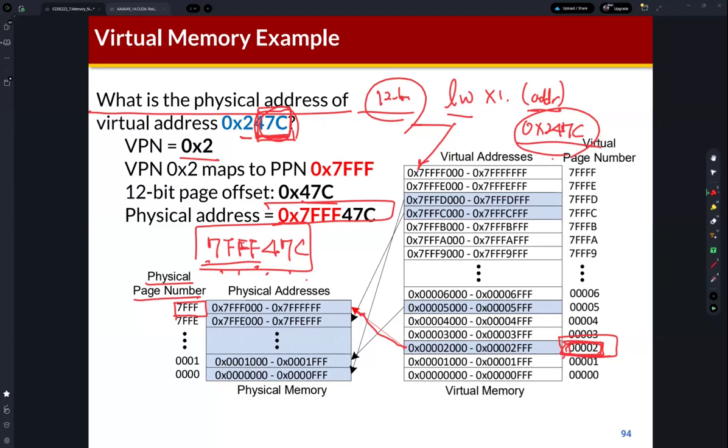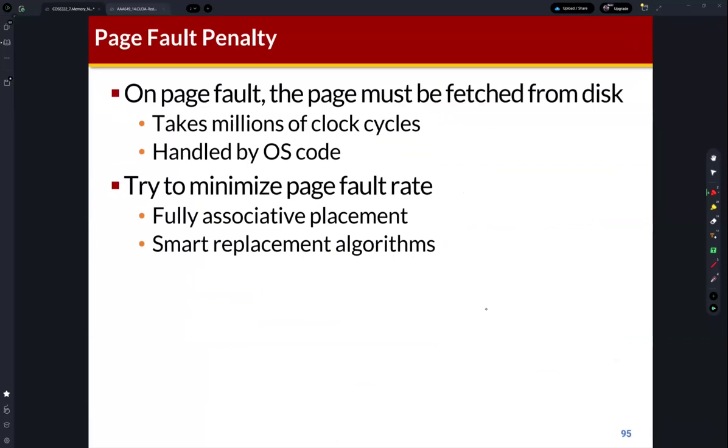And I mentioned that the storage is managed by the operating system. So when a virtual page number refers to data in storage, the mapping information cannot be found in this data structure. This situation is called a page fault. Okay, it's a page fault.